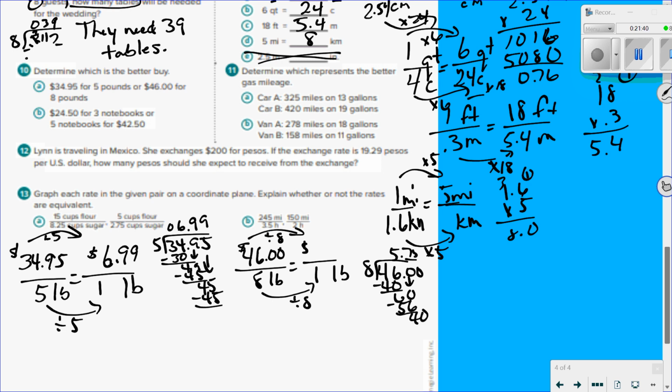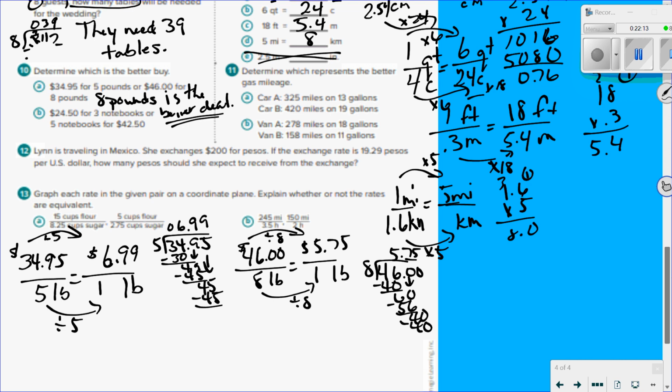There's a 5. So that's going to be $5.75. So which is the better deal? 8 pounds. If you do not write which one is the better deal, you don't get half the points. You can have all that work and get half credit because you didn't answer the question. Okay? So the 8 pounds is the better deal. Make sure you have identified which one it is.